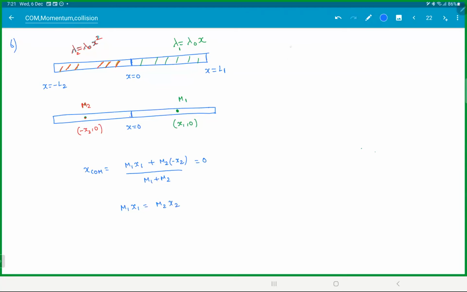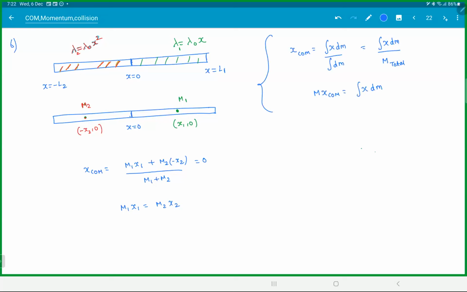Now we know the formula, x center of mass is integral x dm by integral dm. If you shift it, this is nothing but integral x dm by, this is total mass. That means m into x center of mass of any system is actually integral x dm.